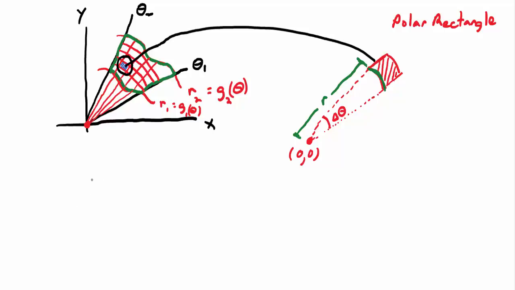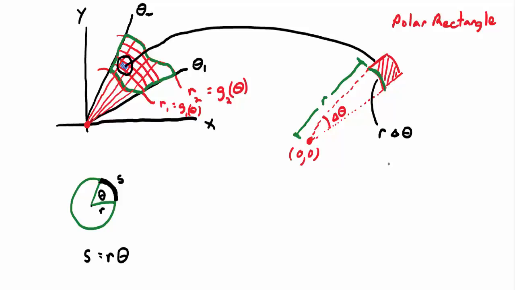If you just think of a circle and the crust of the pie, and this is theta here, and we call the length of the crust s, and we call the radius r, does anybody remember what s equals? R times theta, right? That's the length of the crust of the pie. Well, we could then say that the length of the crust of that particular piece of pie would be not r times theta, but r times delta theta, thinking of that as a change in theta.